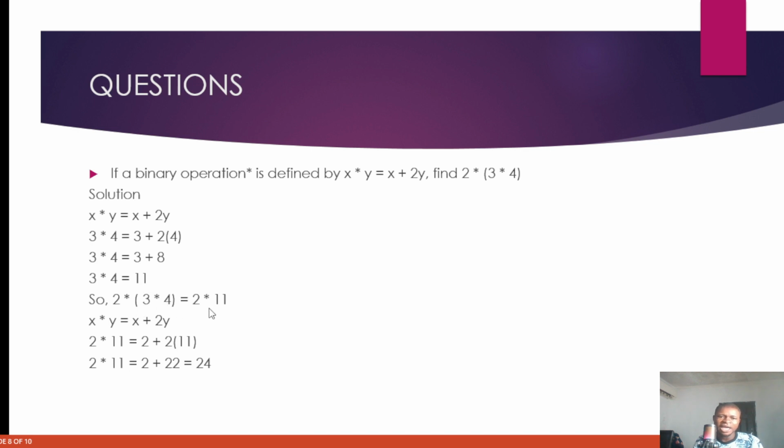Then I have another operation, which is 2 star 11, which I have to find in the same binary operation defined. So here we have 2 as x, and our y will change to 11. When we substitute it inside the same expression, we will be able to get 24. So that is what we have for this case.